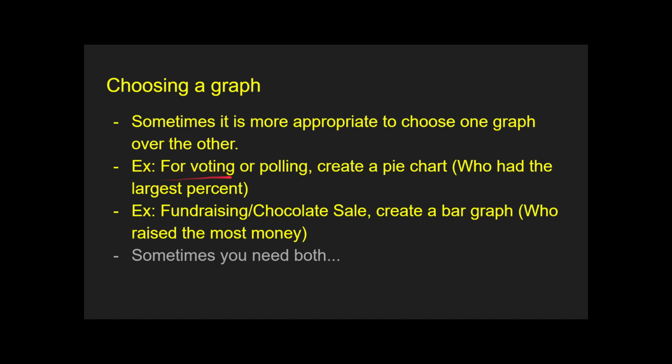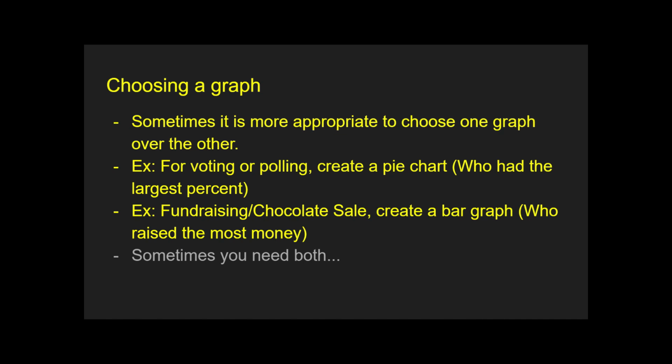And when you're doing voting, it's not so important how many people are in each category. What's really important is the percentage that's in each category. For another example though, if we were trying to show how much money we had raised with a sale, in that case we might show a bar graph, because then we could see not just who had the most, because they would have the tallest bar, we could see how much each section raised.